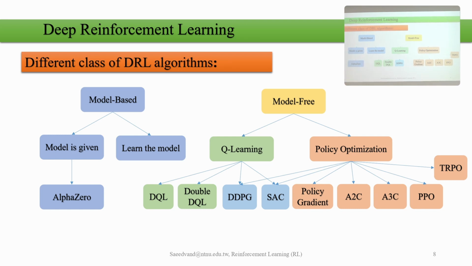Any question here? So today we mostly focus on deep Q-learning as one of the basic and strong techniques. But looking at the other ones, you will see that within the Q-learning class they look like each other, not too big differences, and the same in policy optimization.